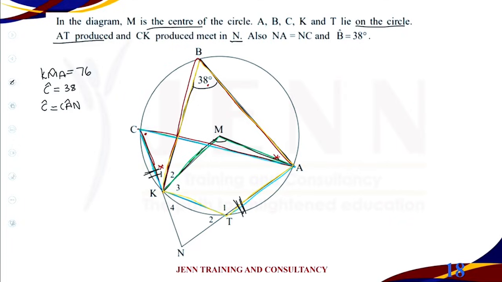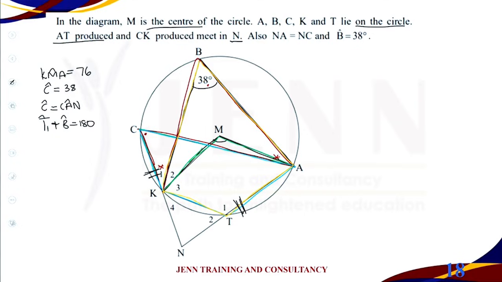Okay. And then also in my toolbox, I indicated that BATK is cyclic. So therefore, the size of angle T1 plus angle B, these two must give me 180 degrees. And the reason for that: opposite angles of a cyclic quadrilateral. And you were told that this line is a straight line, so it's extended.